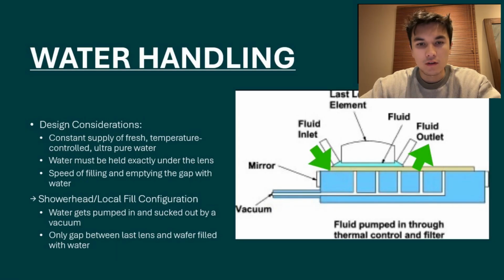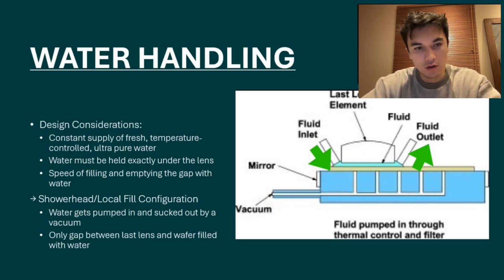Water handling is very important because it sounds paradoxical to use water in such a sensitive machine, but there are design considerations you need to be aware of. We need a constant supply of fresh, temperature-controlled, ultra-pure water. The water must be held exactly under the lens, and the speed of filling and emptying the gap is crucial for throughput.